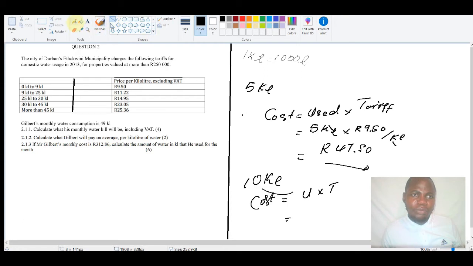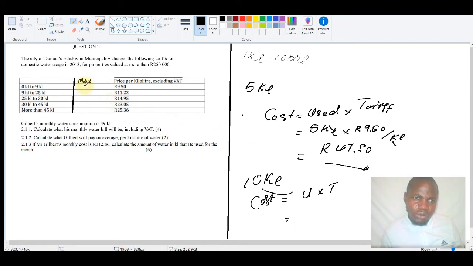Going to our table, I always advise my learners to calculate the maximum values of water that can be charged according to each tariff. How do we calculate the maximum values? Here you say 9 minus 0. This is not part of your exam, please, and not part of the question.